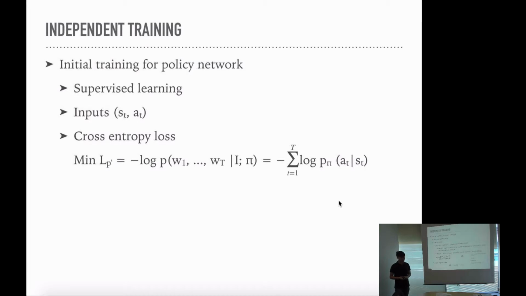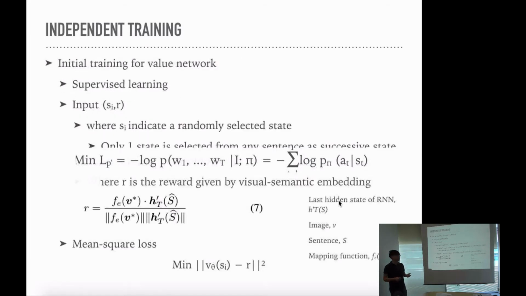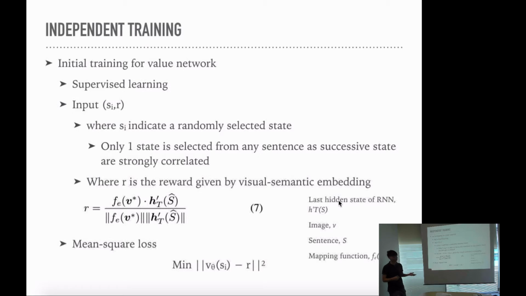We do the same training with the value network as well, using supervised learning, with the input a state and also a reward. But this state is special because we randomly select the states and we don't select the states from the same sentence, because these states are highly correlated, and so the rewards are highly correlated as well. If not, you will overfit this model.